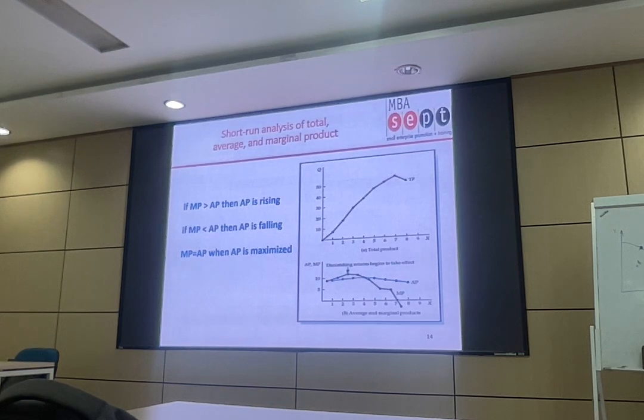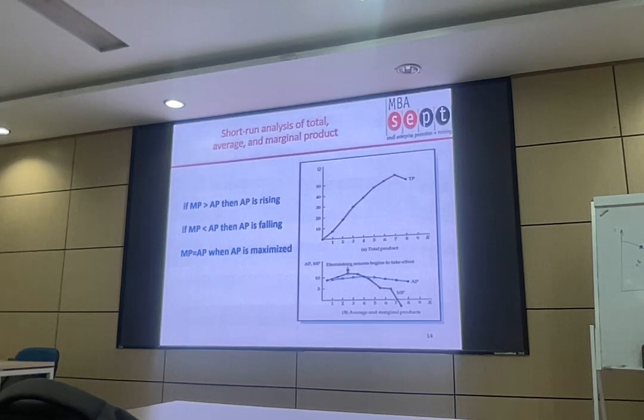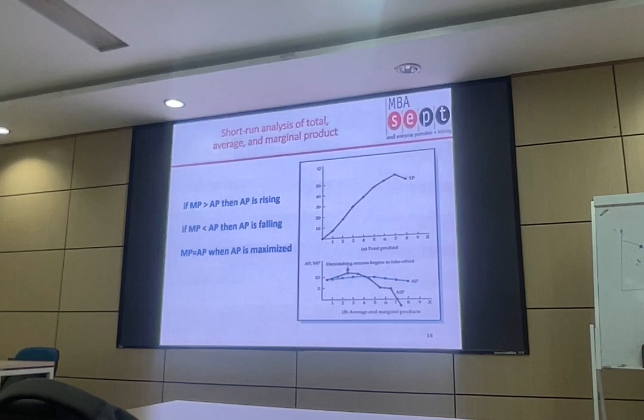Now, most of you are very familiar with the CPA and GPA. When you think about the relationship between marginal product and average product, remember the relationship between GPA and CPA. If the GPA of a term is higher than the CPA, the CPA increases.